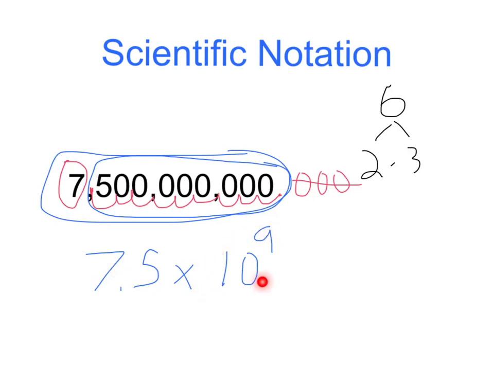And the second factor is a power of 10, like the 10 to the ninth power. Now that power could always change. It could be any number. This first factor, it's important to note that scientific notation always has to have something greater than or equal to 1 and less than 10. Okay?